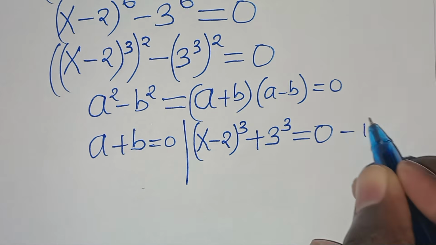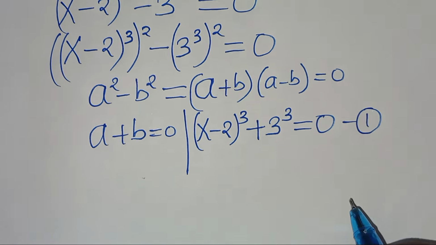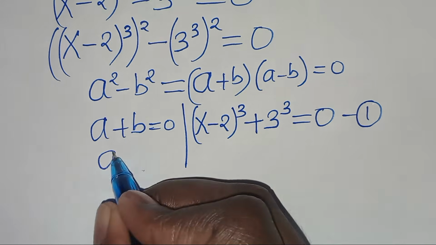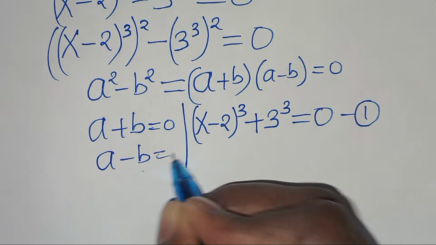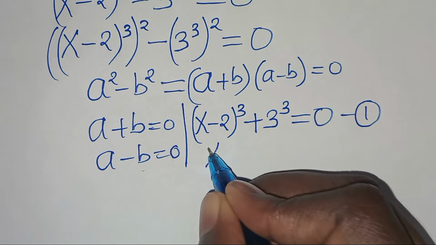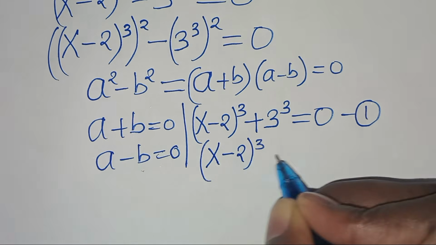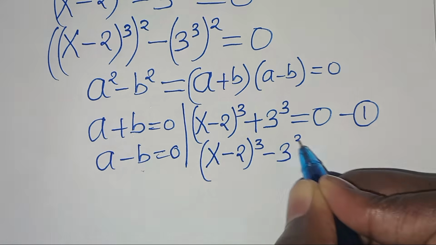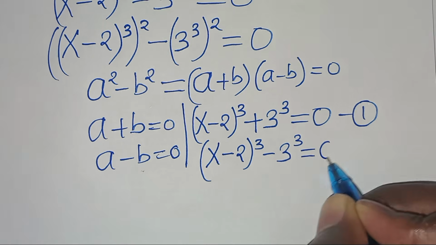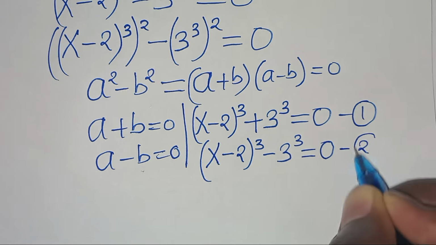Let's call this equation 1. And we have that a - b = 0, which is the same thing as (x - 2)^3 - 3^3 = 0. Let's call this equation 2.